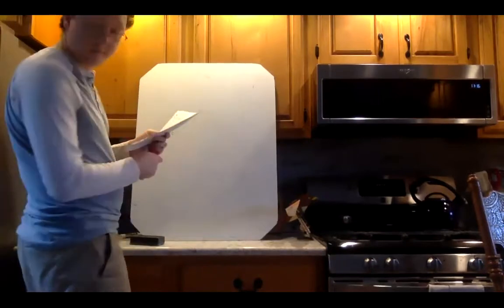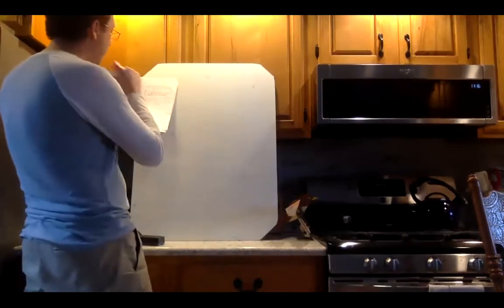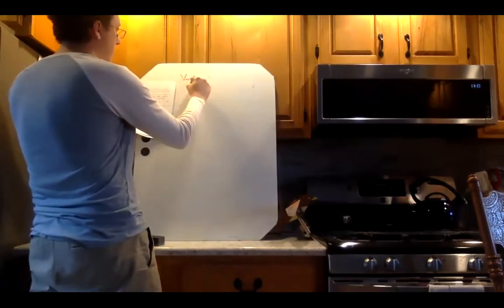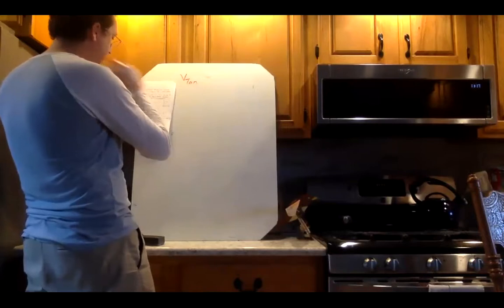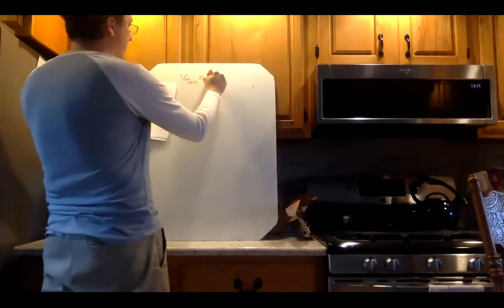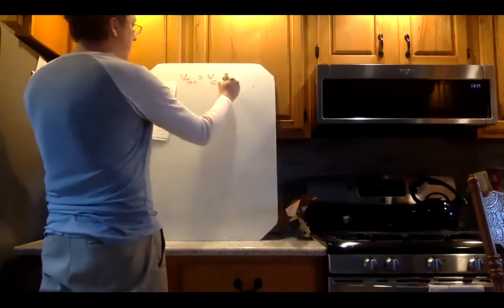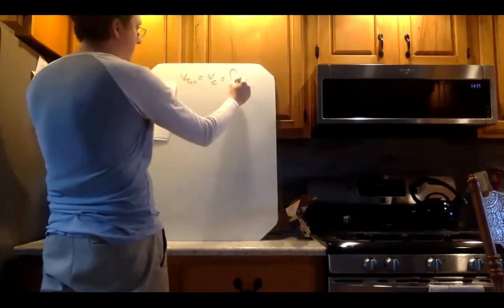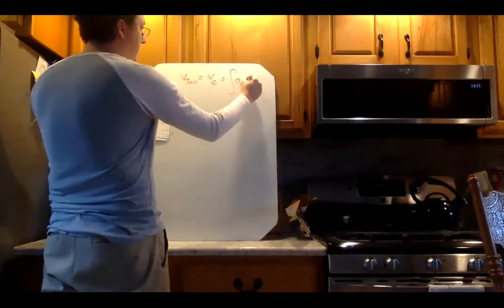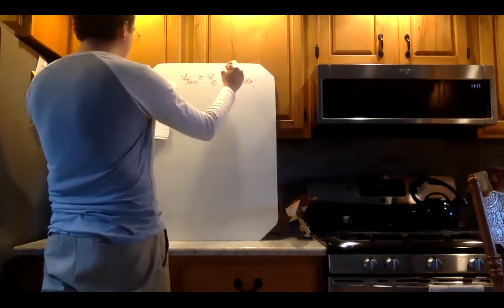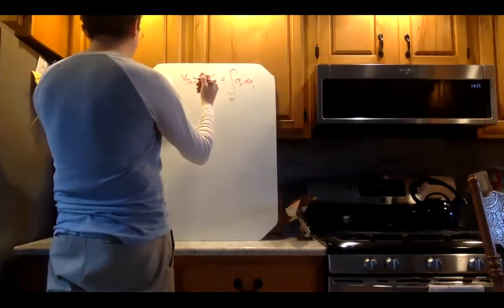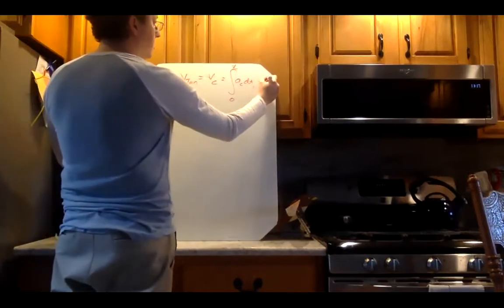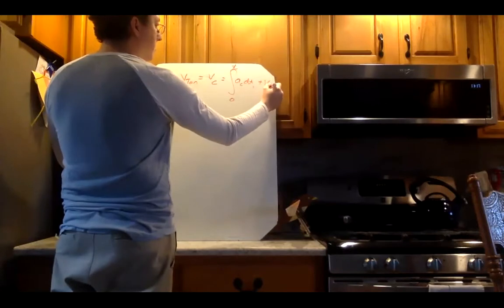I said the tangential velocity equals the velocity of c, which is the integral of the acceleration at c dt from 0 to some arbitrary time t, plus the initial velocity of c.